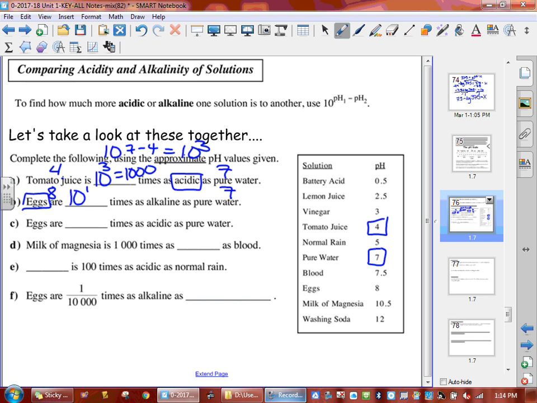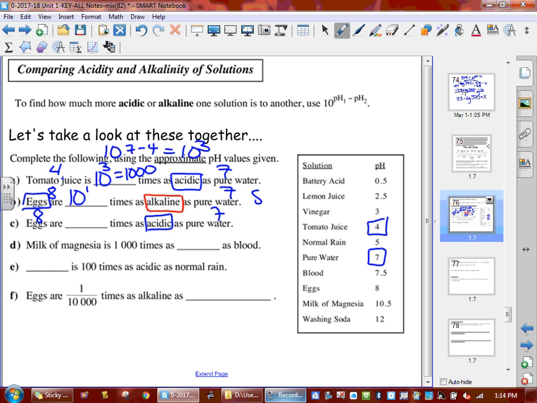Eggs again are 8. Now we're comparing it to the acidity of pure water. This is the difference versus doing the alkalinity. We're using the exact same numbers, but it depends on who's subtracting who. Okay? So in this case, if you look at letter B, we did 8 subtract 7. But C is going to be 7 subtract 8.